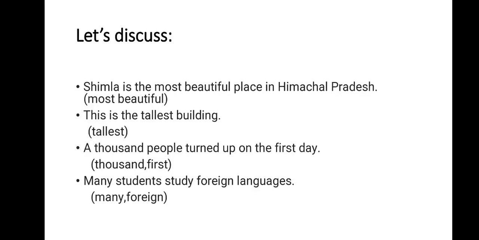So the sentence says Shimla is the most beautiful place in Himachal Pradesh. What is the comparative adjective used here? Most beautiful. Very good. The second line says this is the tallest building. Yes, tallest. Very good. Tallest building.